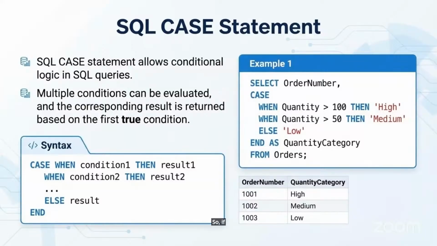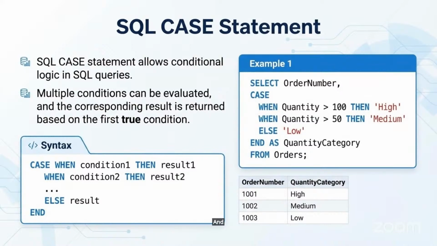So what happened here is this case is used so order number first, and you want the second column to be known as quantity category.